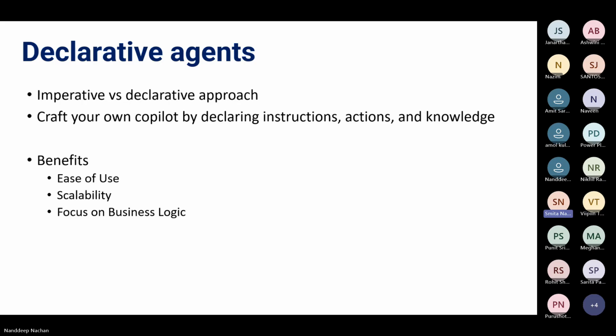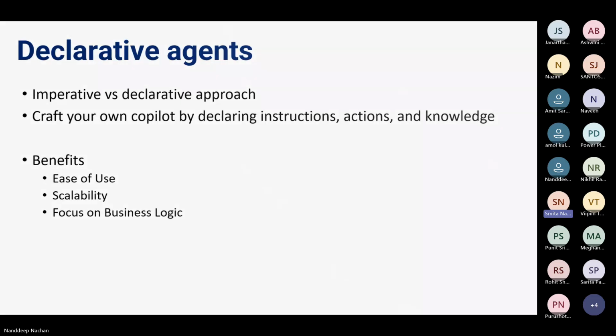By shifting from imperative programming to declarative AI, we empower organizations to quickly deploy intelligent copilots that understand context, automate workflows, and drive efficiency. So with that, let's go ahead and check the demo.